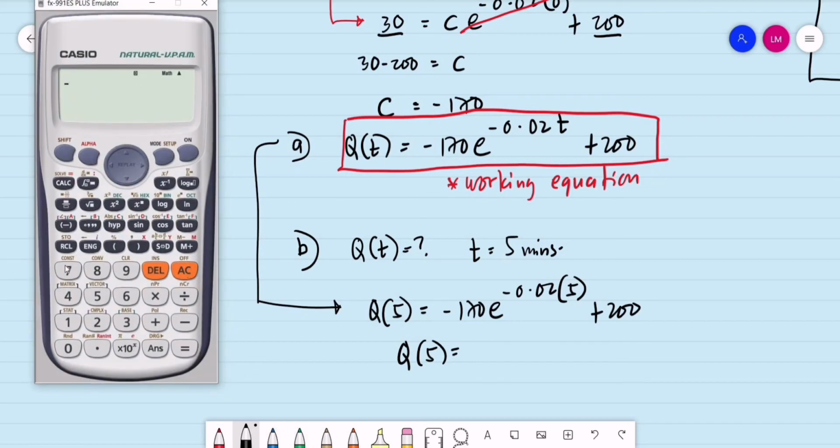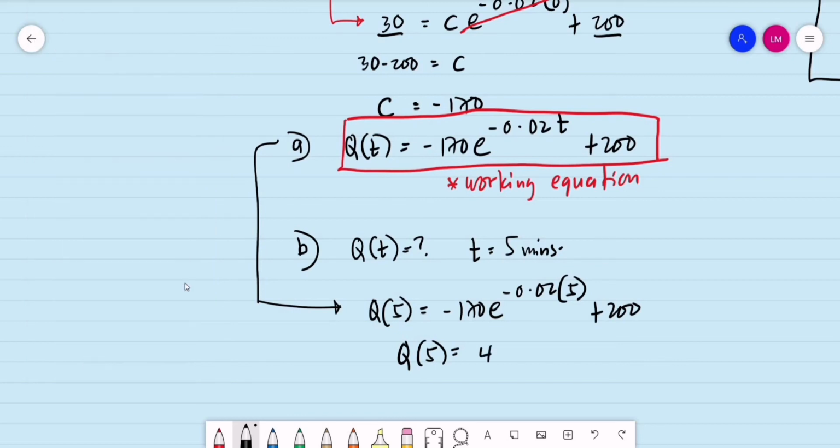We have Q of 5 is now equal to negative 170, shift E, negative 0.02 times the time, 5 minutes, then plus 200. That is 46.1776 grams.